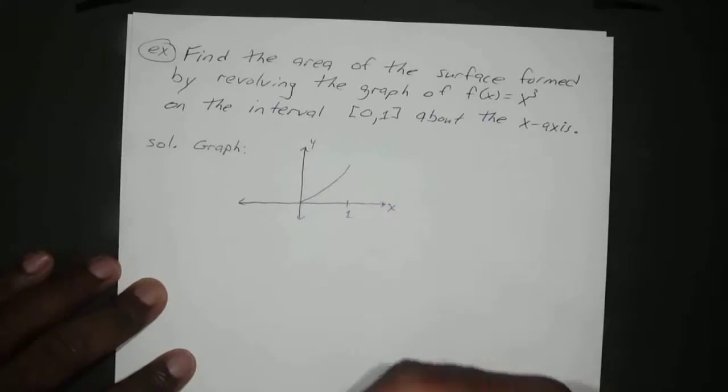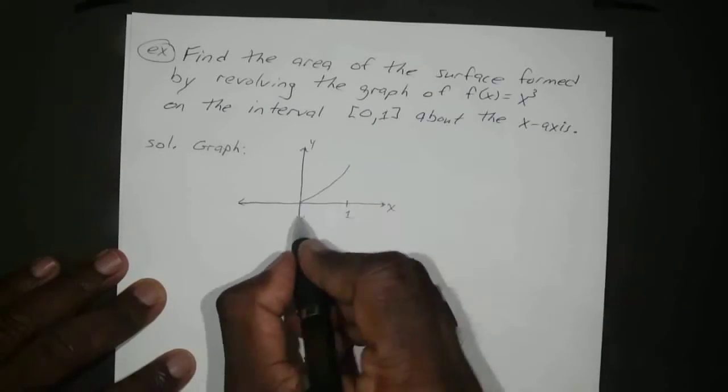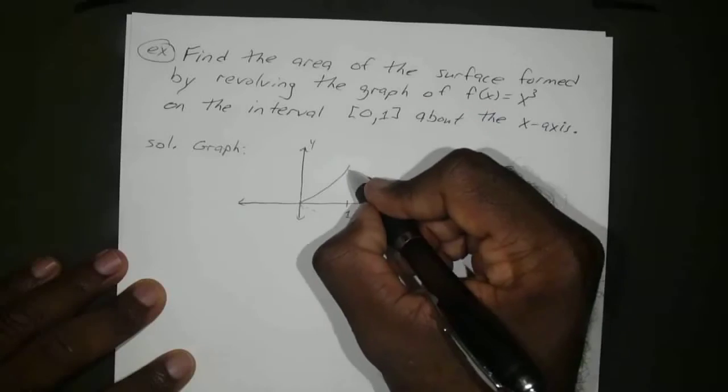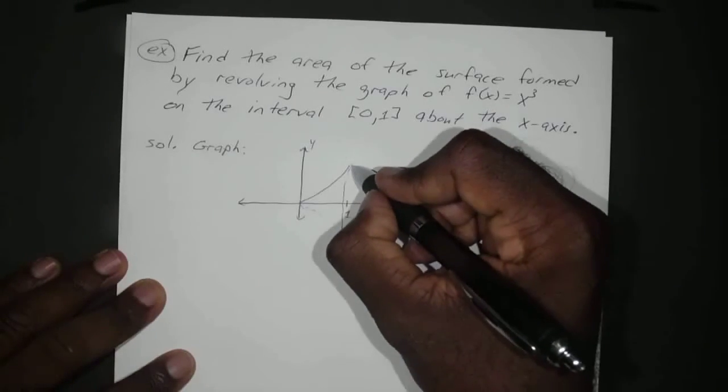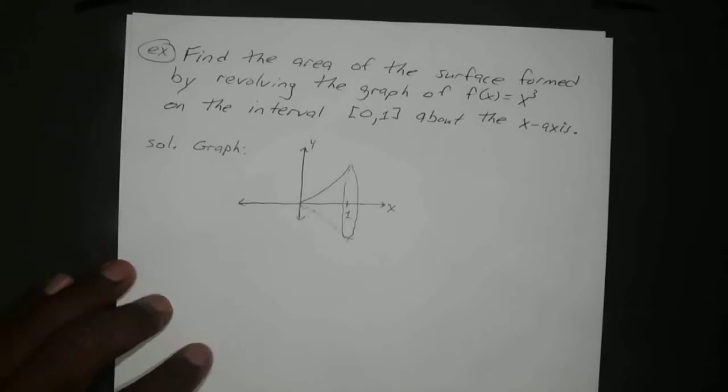Which means it's going to revolve around the x-axis. So it's going to end up looking kind of like a horn, give or take.